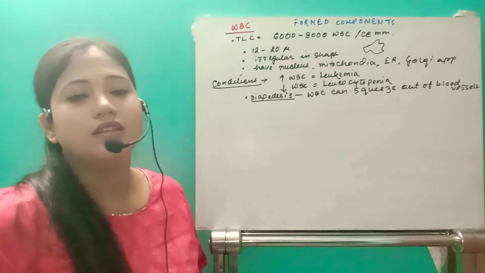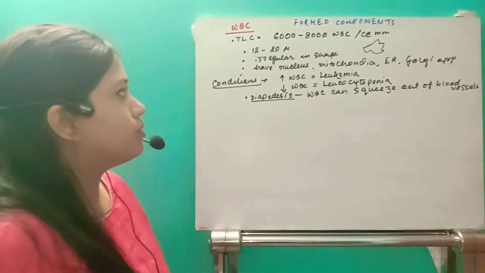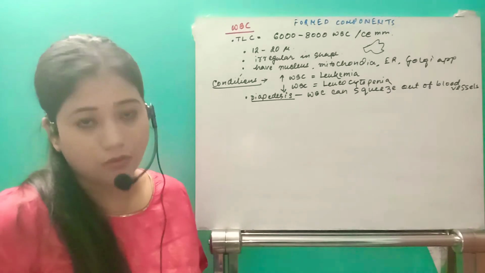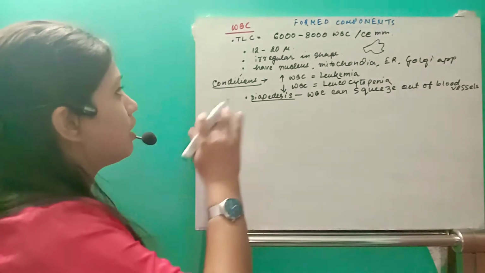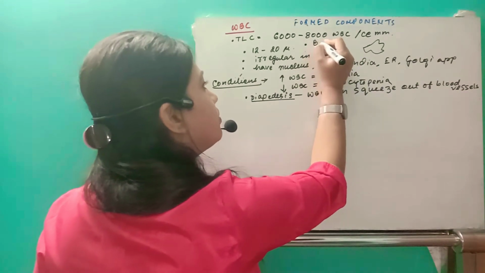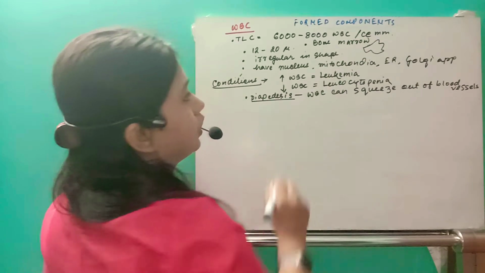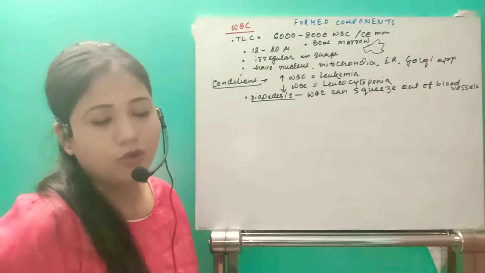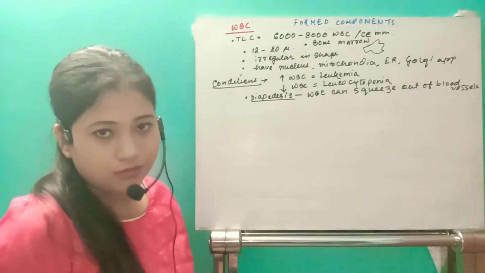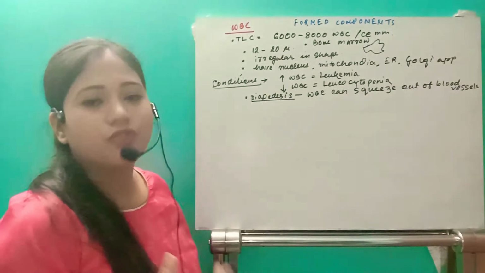Now we will see the types of WBC. Before coming to the types of WBC, we need to know where it is formed. Like the RBC, the WBC is also formed in the bone marrow, and the different types of WBCs get matured in different regions.